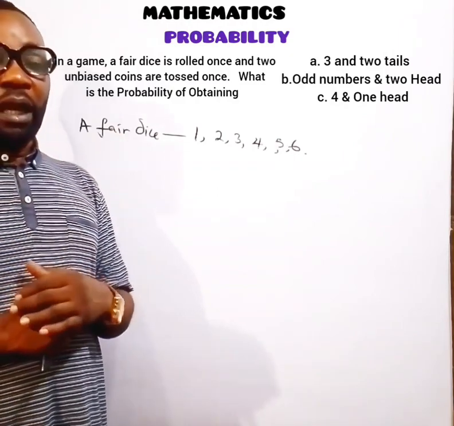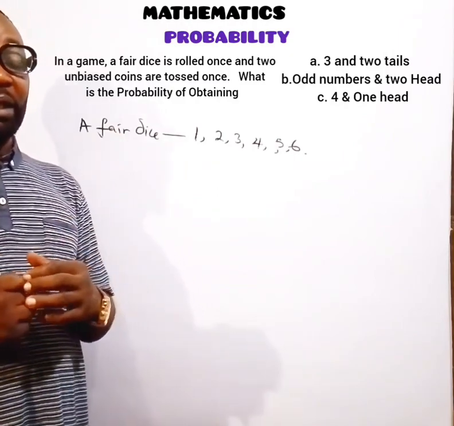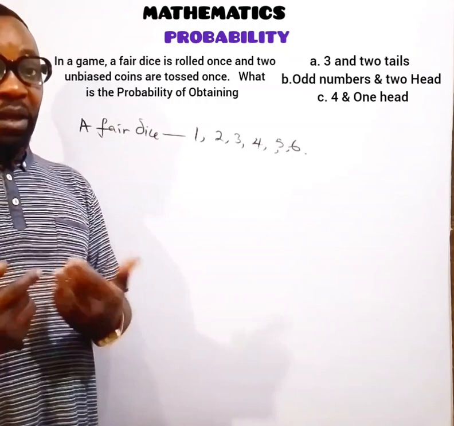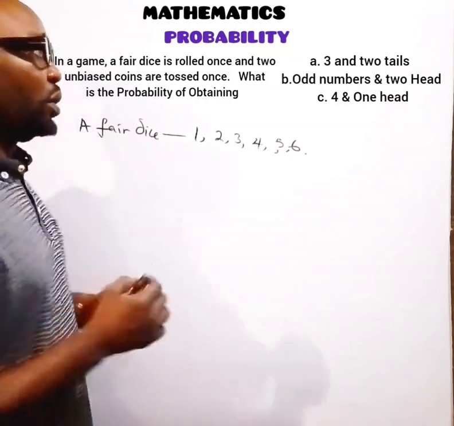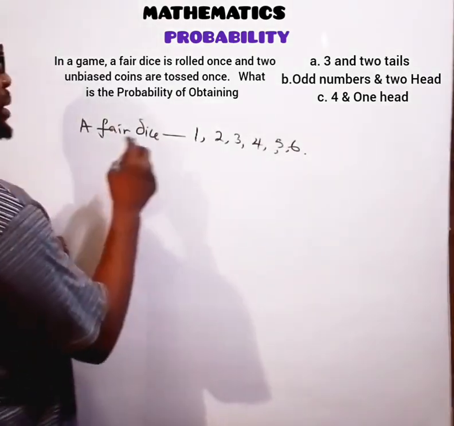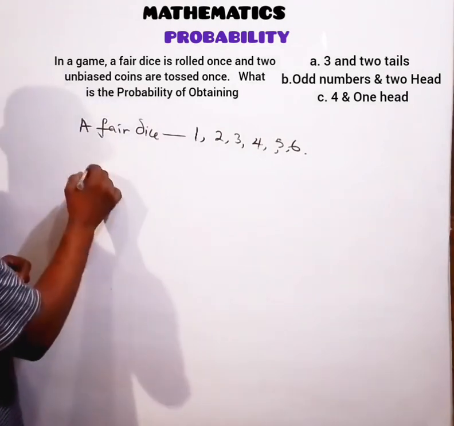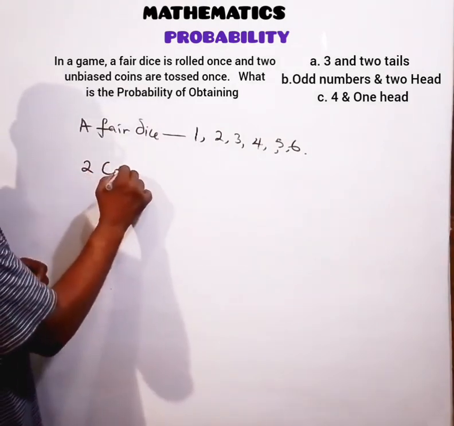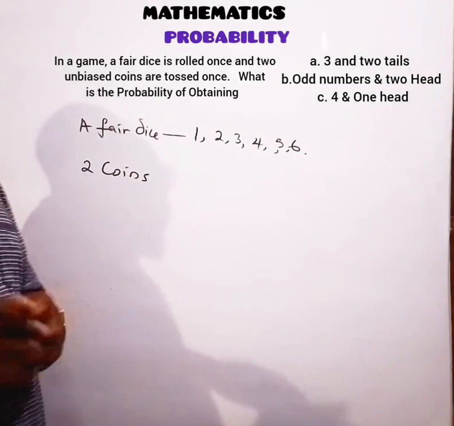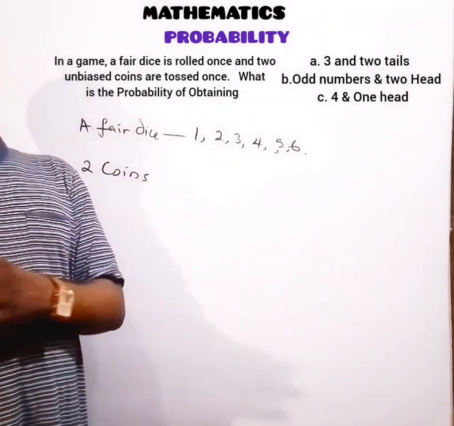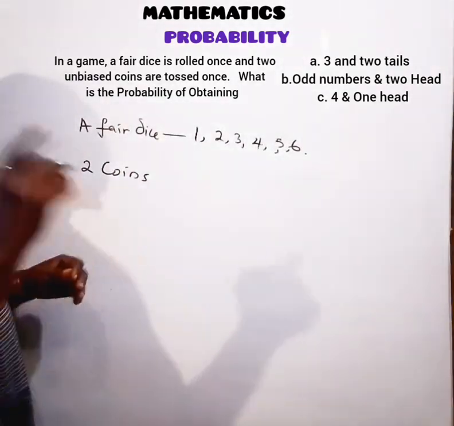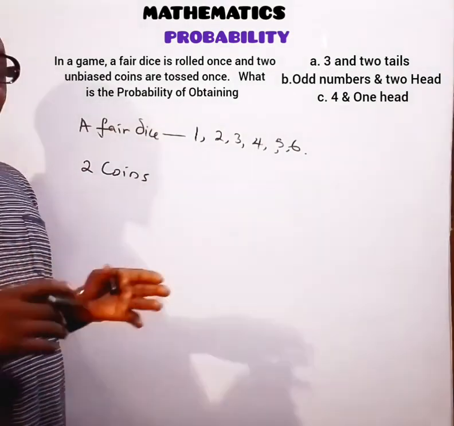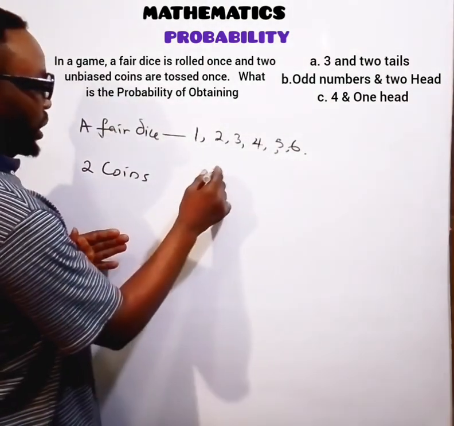Now, the question also goes further and says that 2 unbiased coins are tossed once. 2 coins. Don't forget that a coin has a head and a tail. Now, for 2 unbiased coins to be tossed, we are going to have it in this way.